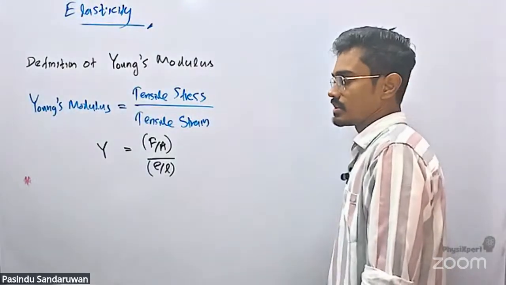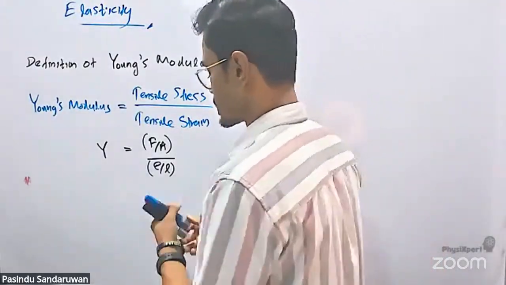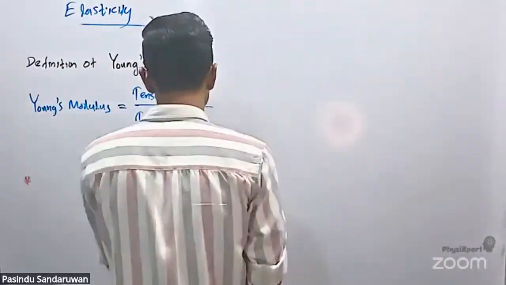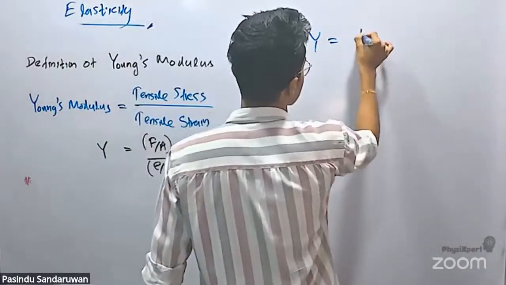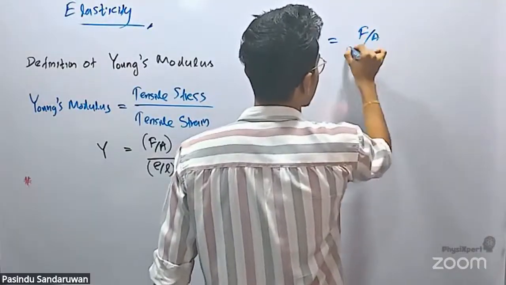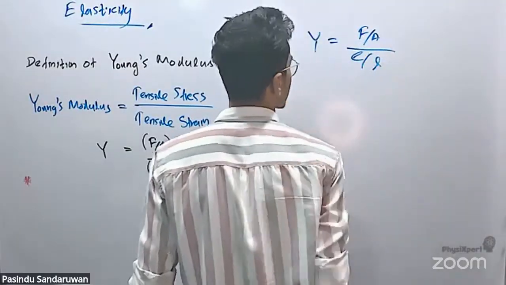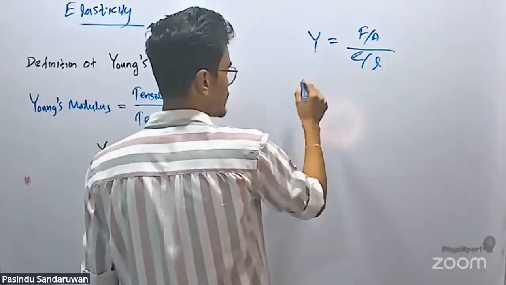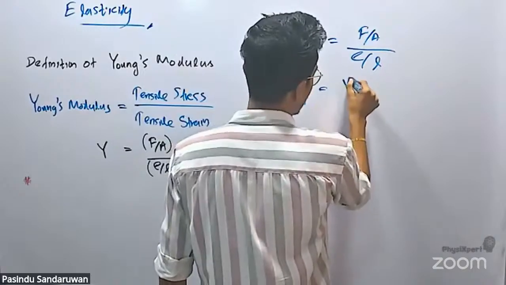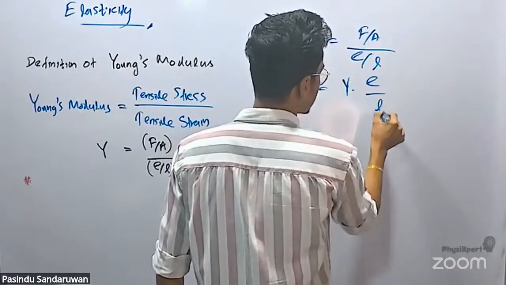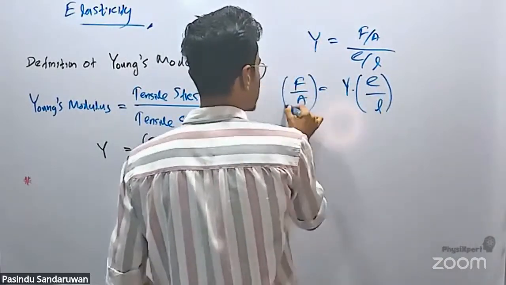Now from this equation we are going to get the final equation of Young's modulus. So Y equals F over A over E over L. We usually keep the equation subject in F over A: F over A equals Y times E over L. This is how we keep this equation usually.